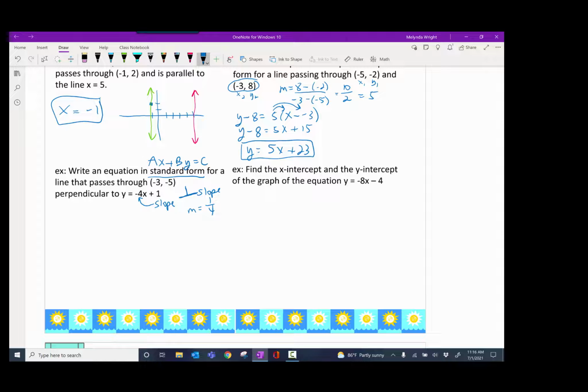And let's use the only point that we have. So y minus a negative 5 equals, the slope is 1/4, times x minus negative 3. Okay, so that's y plus 5 equals 1/4 x plus 3/4.